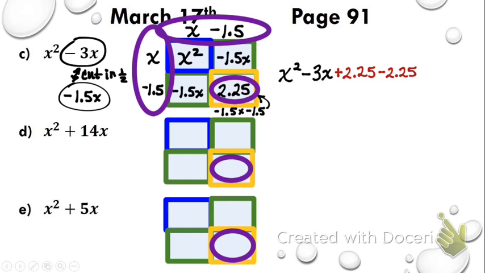So like, if I put -7x, that would be -15. Wait, what? Is that going to be a minus or a plus? Plus. Yep. Would that be x plus 7? Yes.